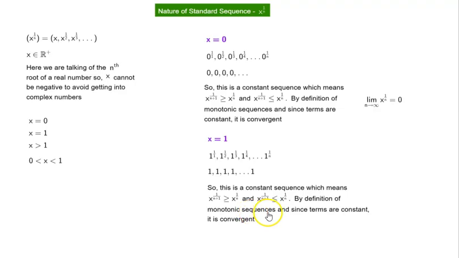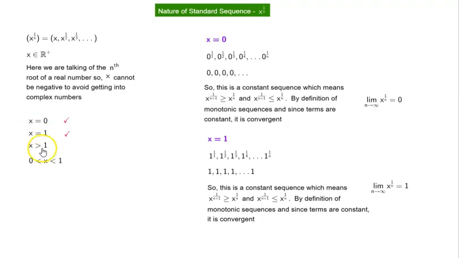So by definition of monotonic sequences, and since terms are constant, it is convergent. So the limit as n goes to infinity of x to the power of 1 by n is equal to 1. Pretty straightforward cases. So we have seen the case of x equal to 0, and we have seen the case of x equal to 1.